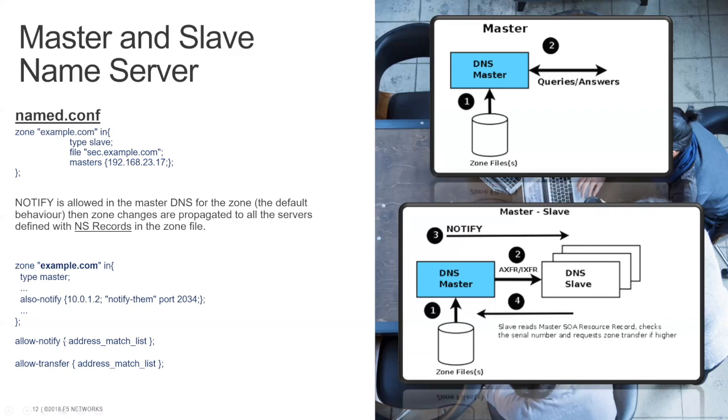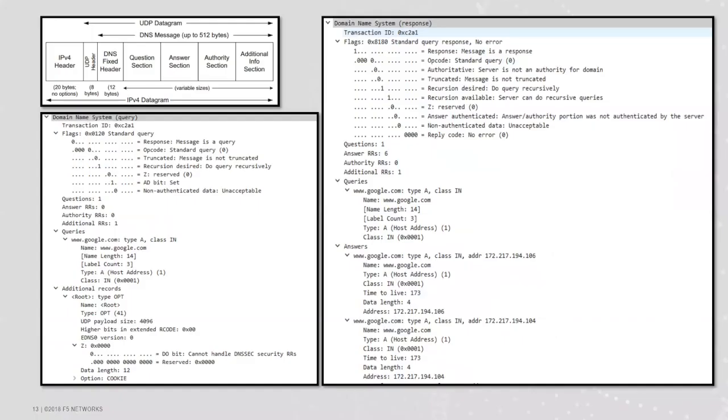The two parameters to pay attention to are allow-notify and allow-transfer. Transfer is basically AXFR or IXFR. Notify is the process of sending the updated zone or the IXFR to the DNS slave server.